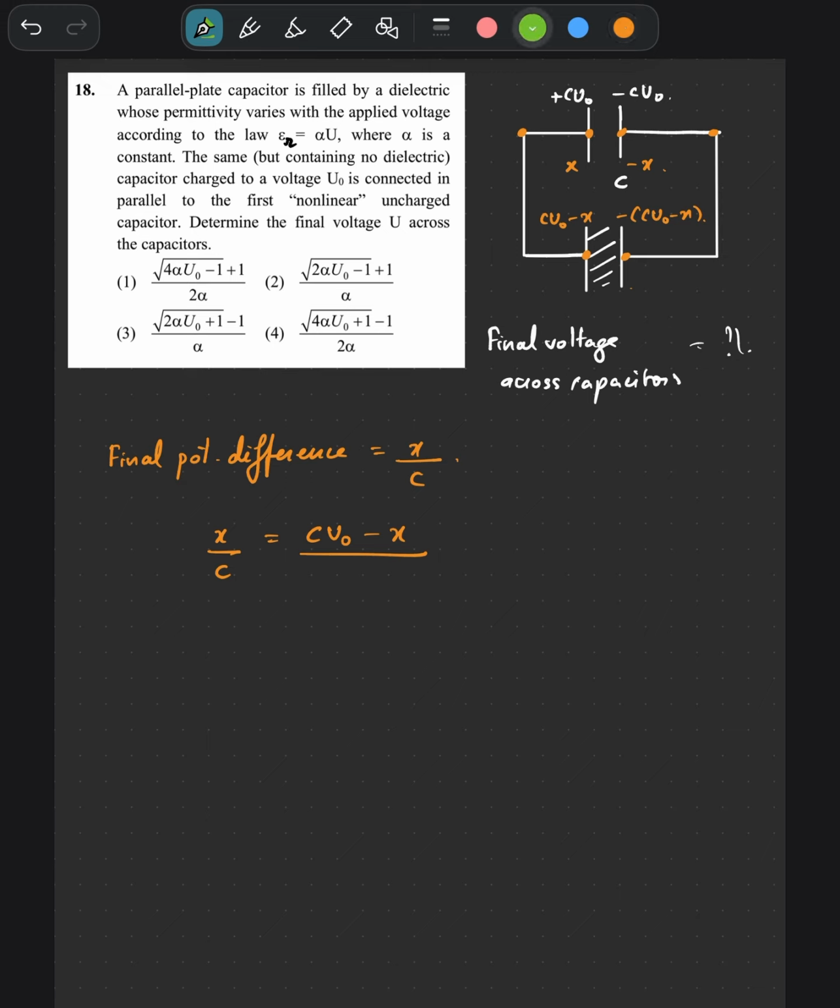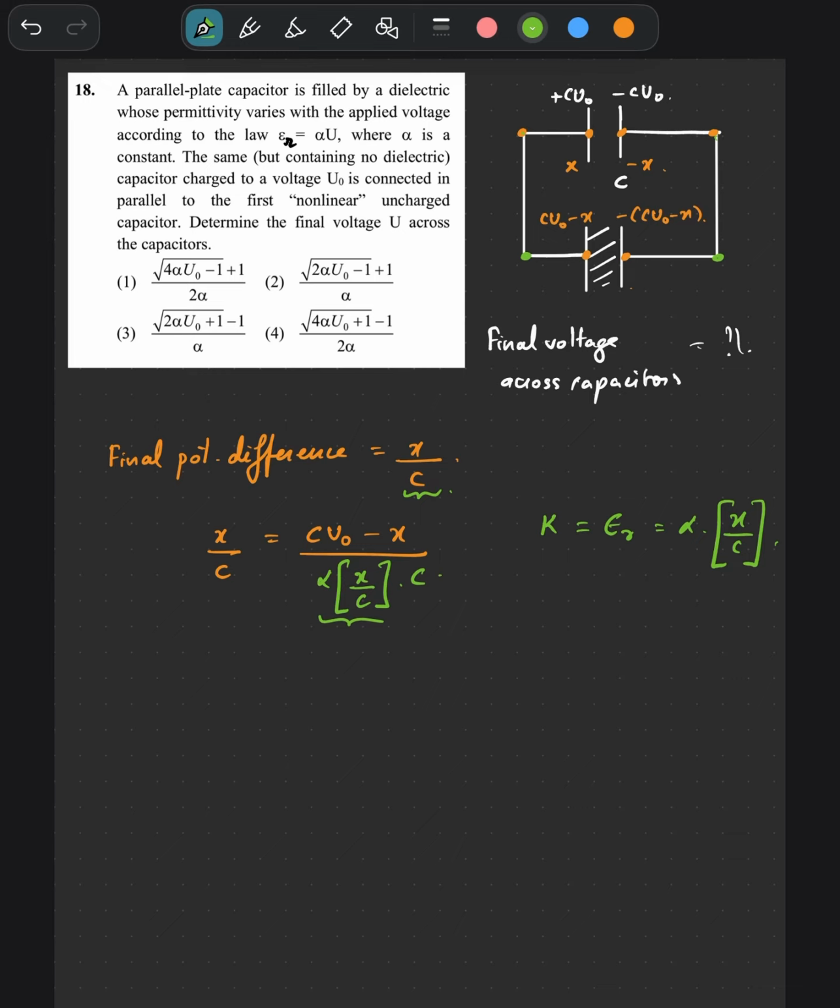In this case K depends on the voltage across it, which is the same as the voltage across the other capacitor, equal to x by C. So your K, or epsilon r, both mean the same, will be equal to alpha into x by C. So the capacitance of this capacitor is alpha into x by C, into C. The permittivity depends on the voltage, and the final voltage is x by C.